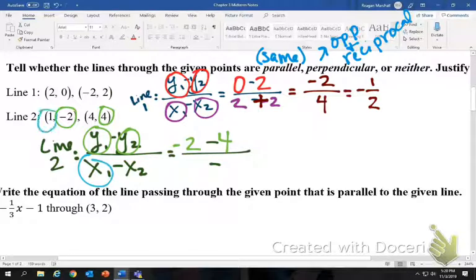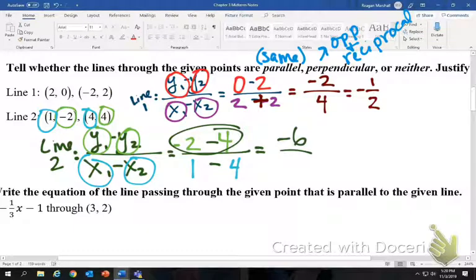My first x is 1. My second x is 4. Combine like terms. -2 minus 4 is -6. 1 minus 4 is -3. That reduces to 2.